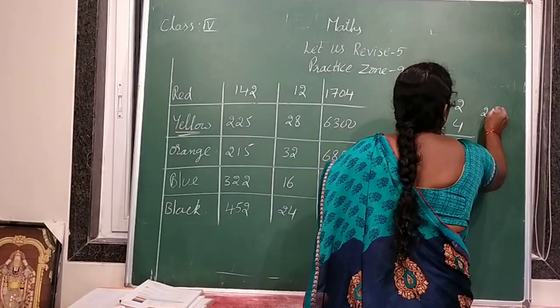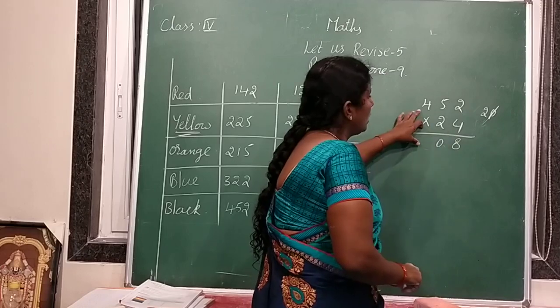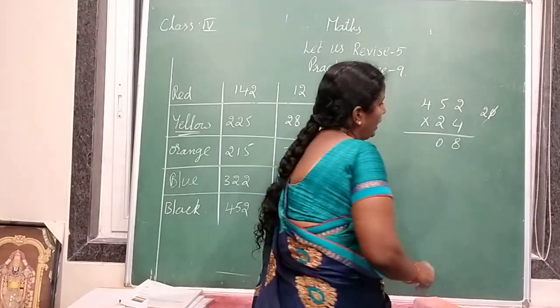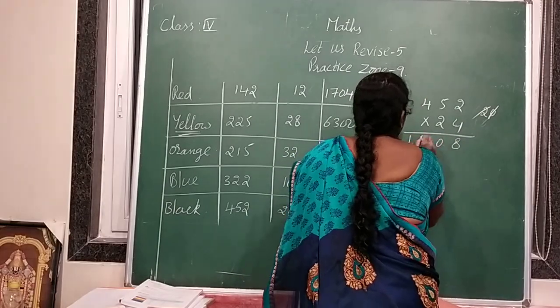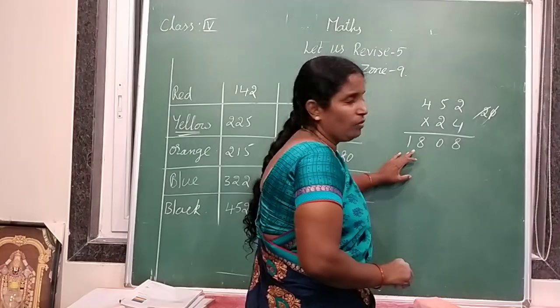So 2 digits are there on the right hand side. Cancel 0 and write down. 4 fours are 16 plus 2 is 18. So write 18. There is no digit, so don't write any carryover.